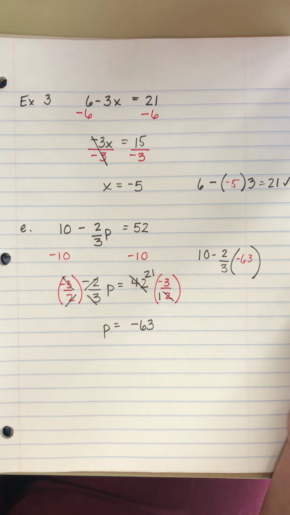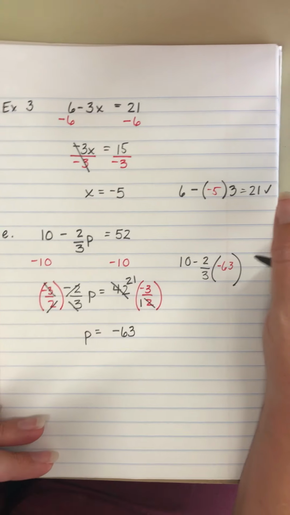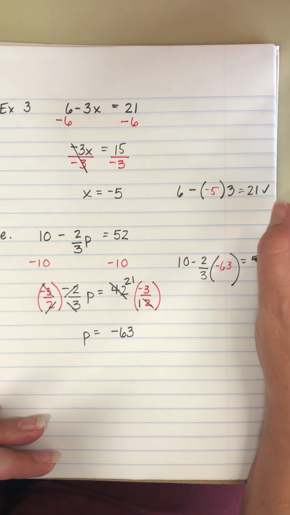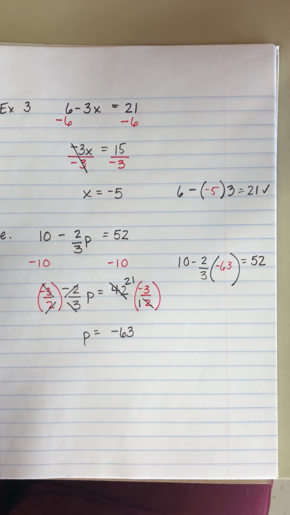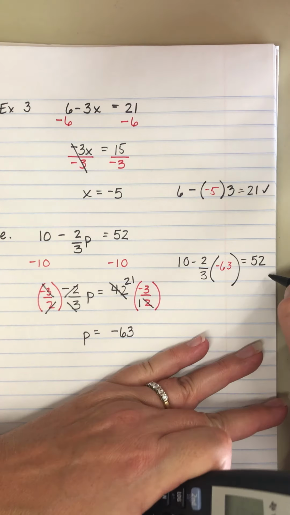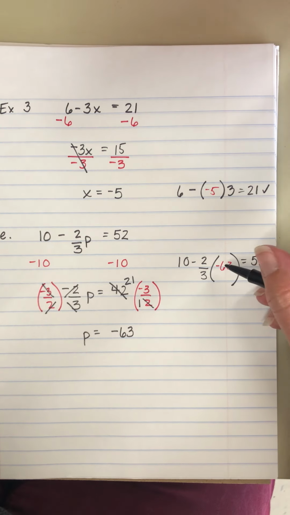Okay, hit enter. You should get 52. We get 52. It checks out, right? If you type it in exactly like that, you should get the same thing.